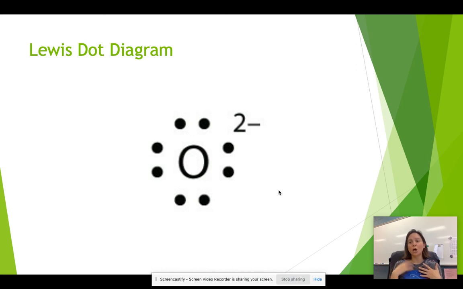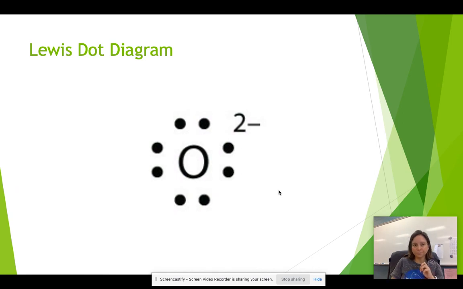If this oxygen lost a proton, it's no longer oxygen. So what is being lost or gained is the electron, and it's all because it wants to be like the noble gas. It wants to fulfill the octet rule and have 8 valence electrons in that outer shell.